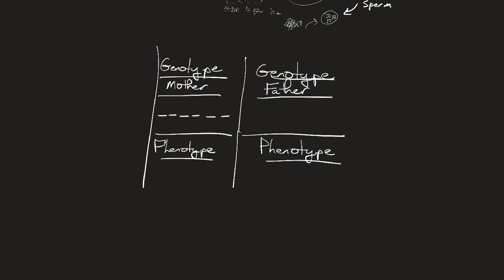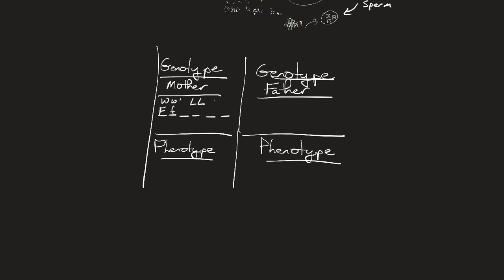So for the mother, it would be whatever you want it to be. I don't really care. All the different genes for each one. So it would be big F, big F, big F, little f, W, lowercase, LL.